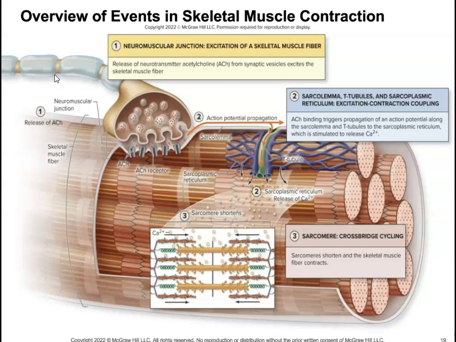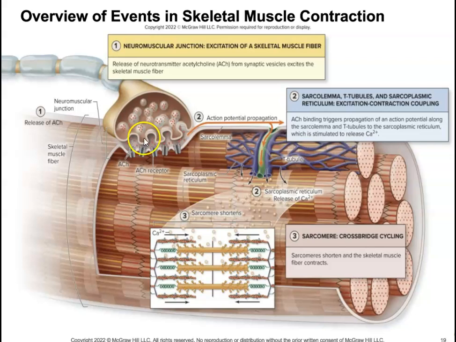So the first thing that happens at the neuromuscular junction, the muscle cell has to be excited. Now remember, we talked about this previously with depolarization when we were talking about this in the earlier chapters. So the release of that acetylcholine from the vesicles in the synaptic knob, the acetylcholine gets into the synapse where it will bind to acetylcholine receptors.